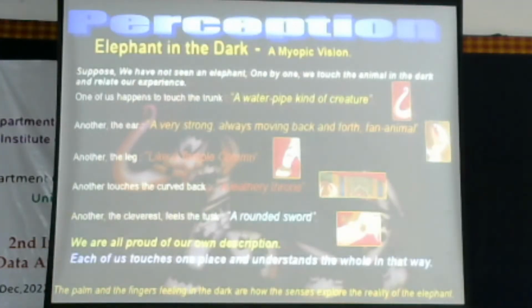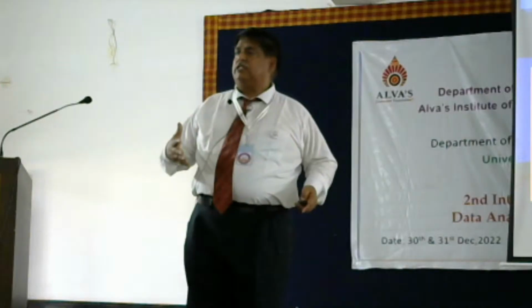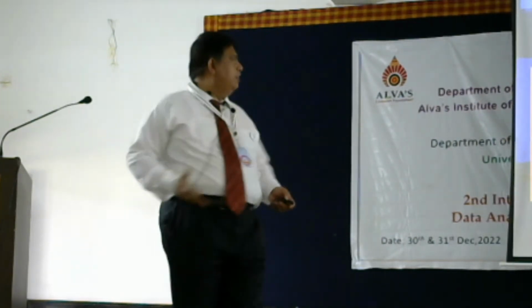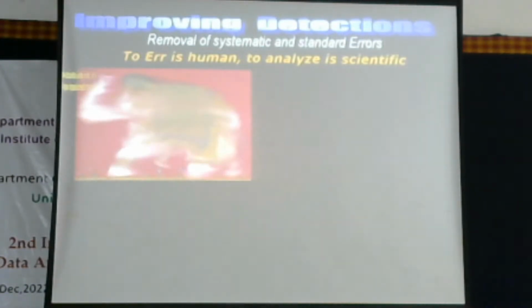Assume these to be different instruments taking the data; you fuse the information from all these instruments, and when you fuse it, it is like having a torch shining on the elephant, and that's when you get the picture of the whole elephant. Normally to err is human, we make errors, but to analyze is scientific.